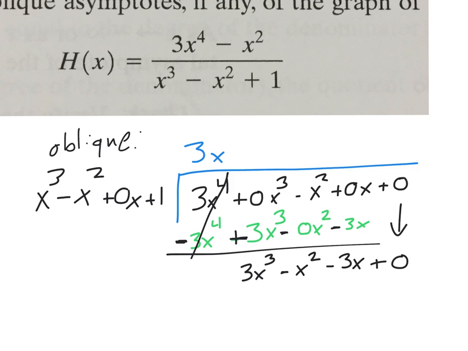Okay, and now we go through the same process again. Now my leading term is 3x to the third, and I want to make this x to the third eliminate that 3x to the third. So how can I make these two terms match? How can I get from x to the third to 3x to the third? I need to multiply by a positive 3.